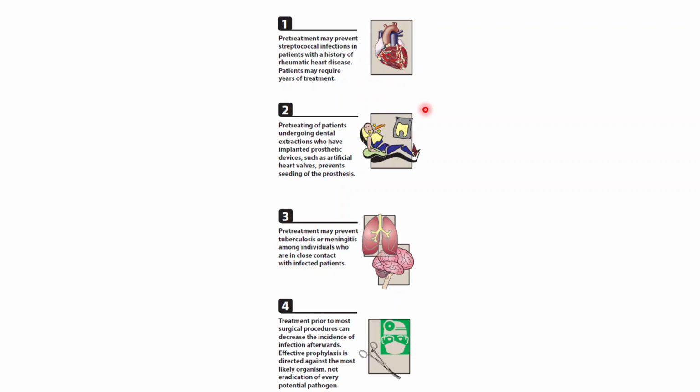And then the second is prophylaxis for surgery, mostly dental removal, for those who have implanted prosthetic devices such as artificial heart valves, to prevent the seeding of the prosthesis, but also this can be used for the prevention of the seeding of the valves themselves.